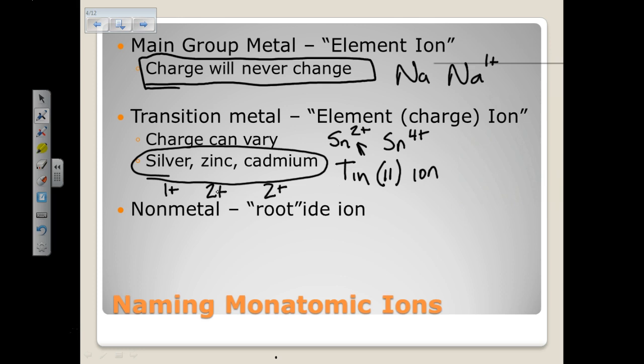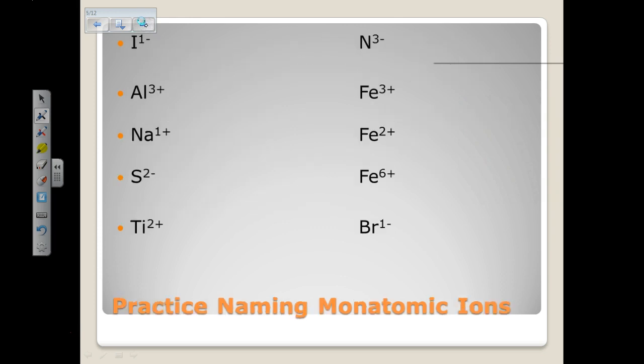So I always say there's 1, 2, 3 that don't change, and their charges are 1, 2, and 2. Silver, zinc, cadmium, 1, 2, 2. Then the nonmetals resemble the naming that we have already done in the covalent compounds or the molecular naming. So let's name some of these things.